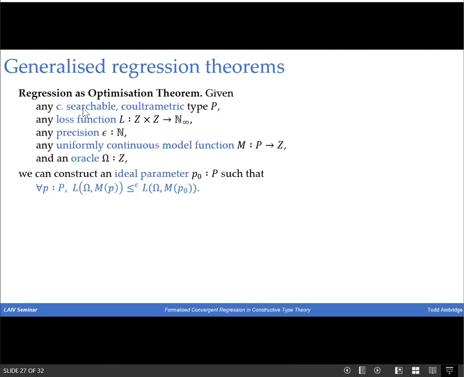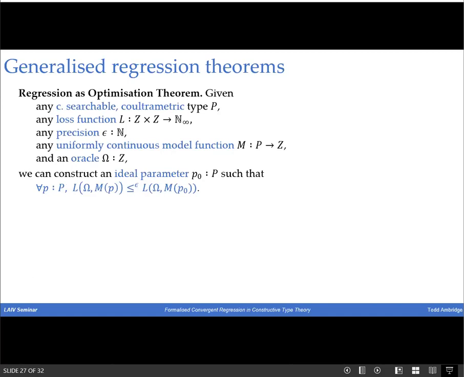There might be a minimum condition here, such that the loss between the thing we're trying to estimate and the model with the P0 set of parameters is at least as good as any other. It's the optimum choice of parameters, the argmin, for this particular loss function.